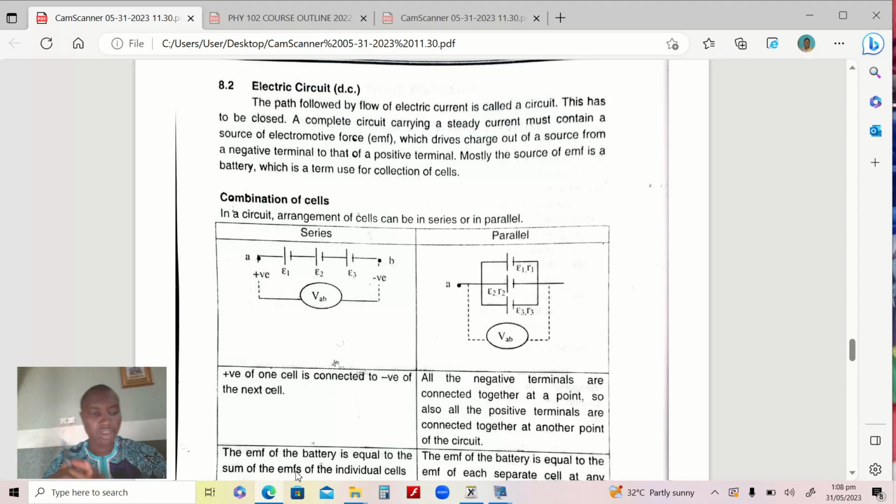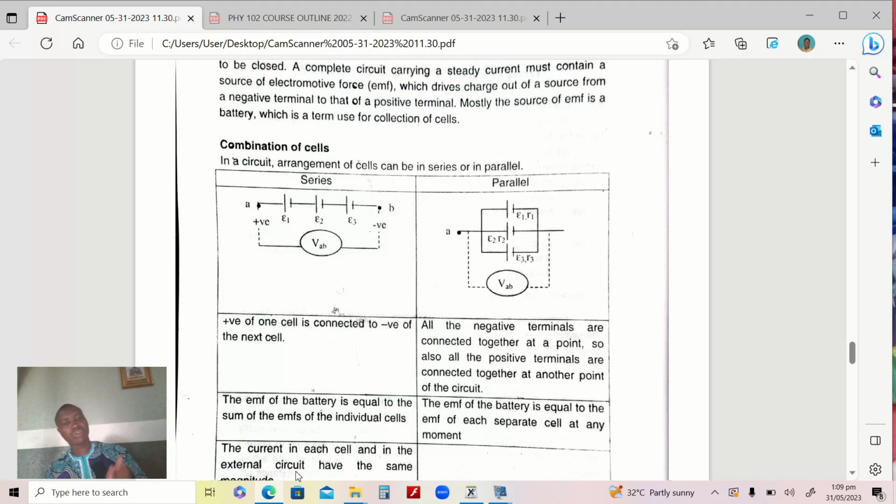So a battery contains two or more cells. A cell is a single source of EMF, and EMF is electromotive force, defined as the voltage of a battery when the battery is not in use, or as some textbooks will tell you, when the circuit is open and the battery is not connected.